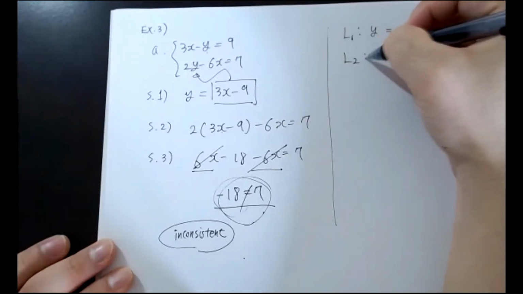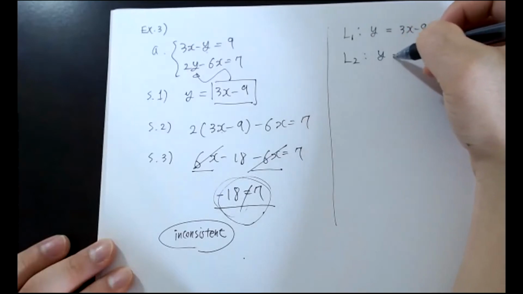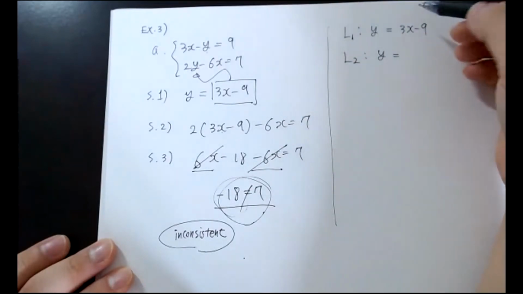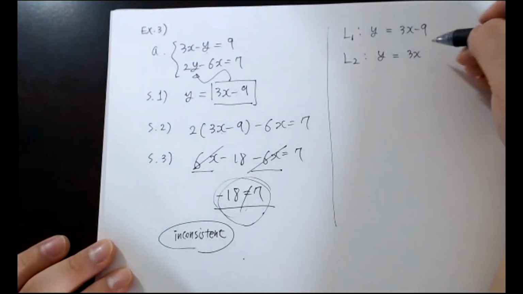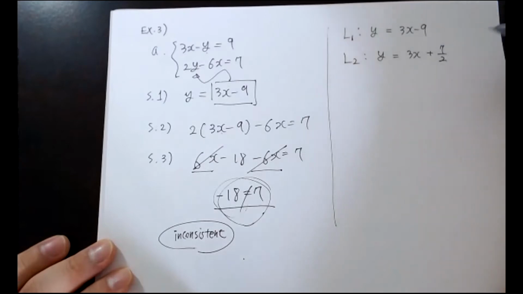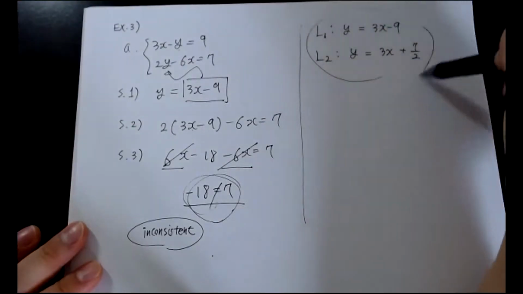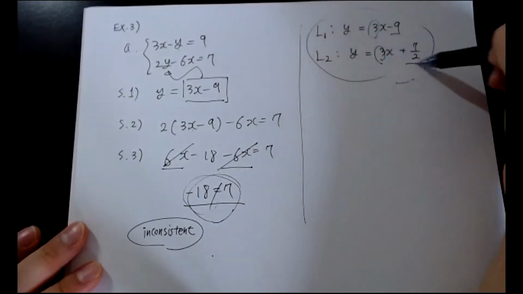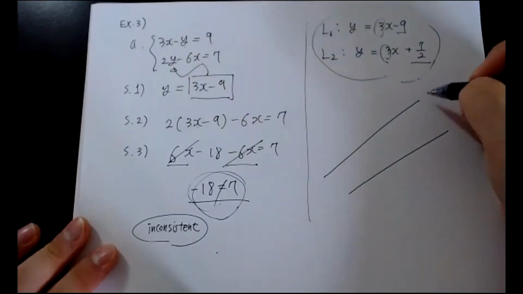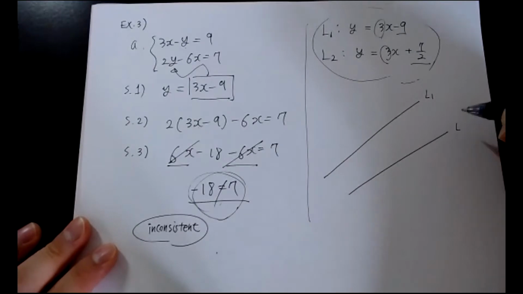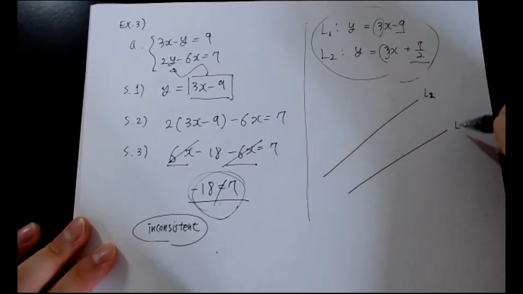And for L2, y is equal to 6x over 2, which is 3x, and then plus 7 over 2. Now you see these two have the same slope with different y-intercepts. So L1 must be like this, L2 must be like this.